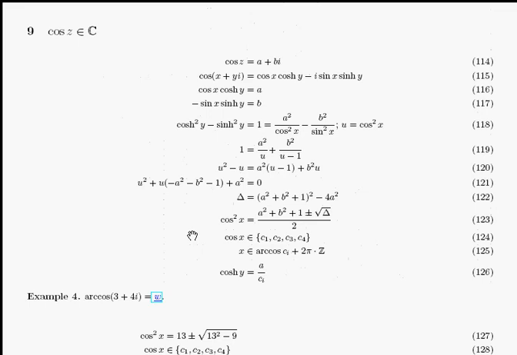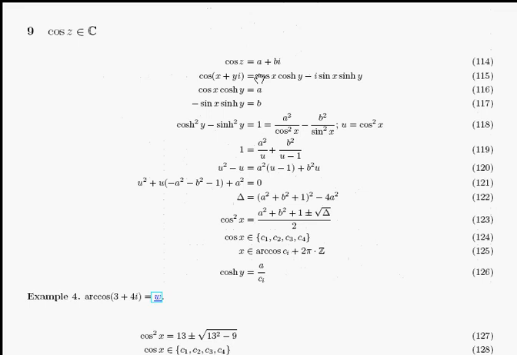Our cosines need not be integers. Our cosines are possibly complex. When cosine of z is complex, cosine of z is a plus bi, cosine of x plus yi is cosine of x hyperbolic cosine of y minus i sine of x hyperbolic sine of y.